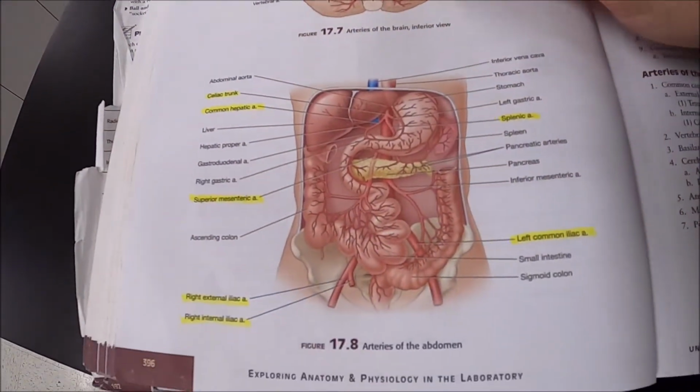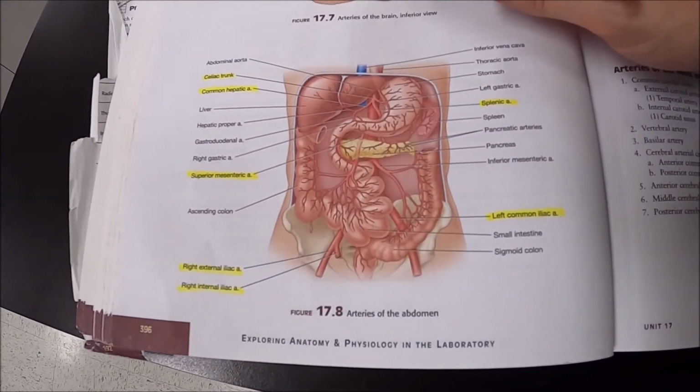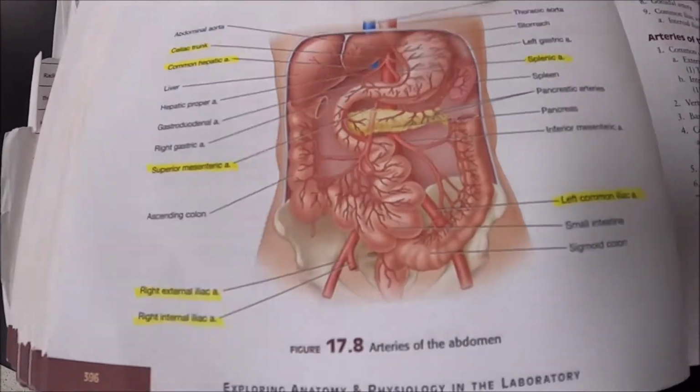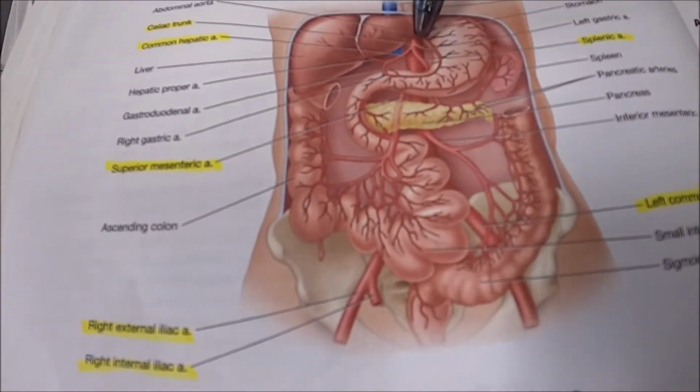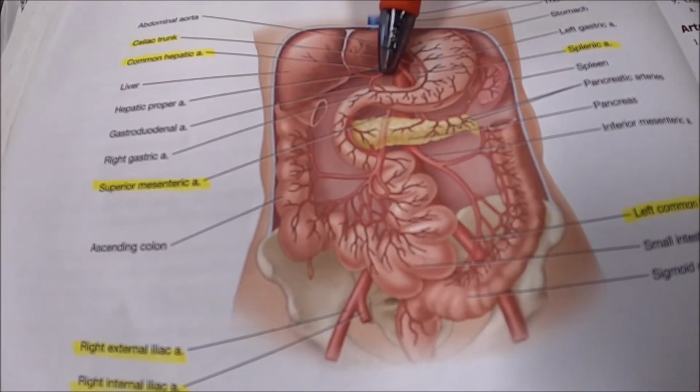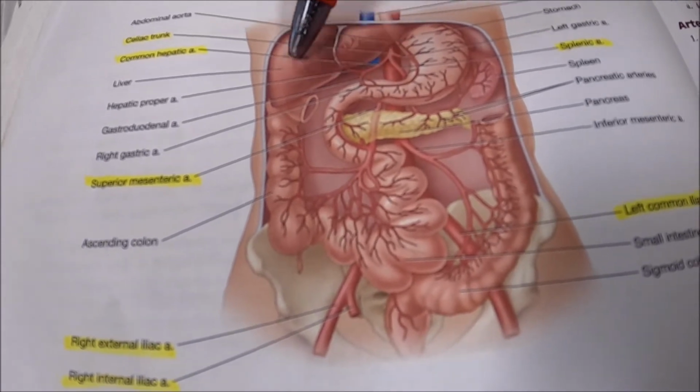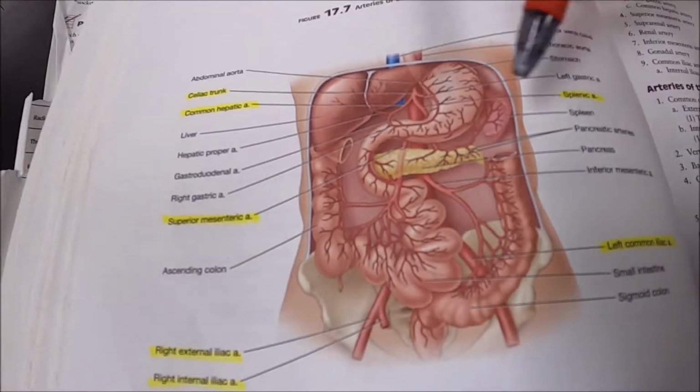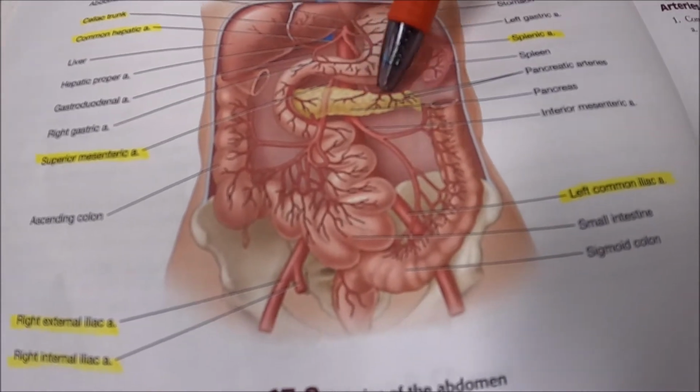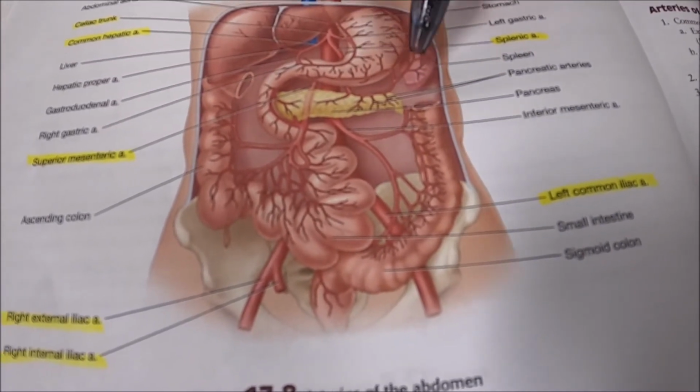I went ahead and labeled up this image as well, just so I could show you sort of what's going on here. You can see this celiac trunk coming down. You can see this branch going out to the liver, which would be common hepatic. You can see this branch coming down and over to the spleen, which would be splenic.